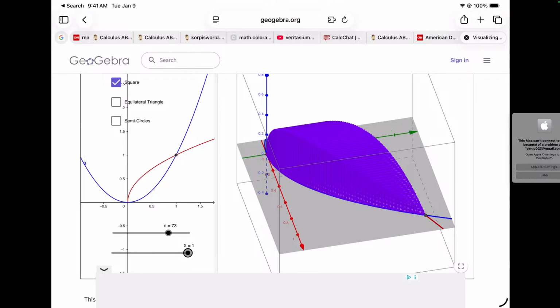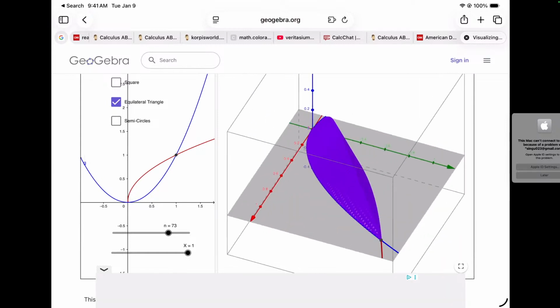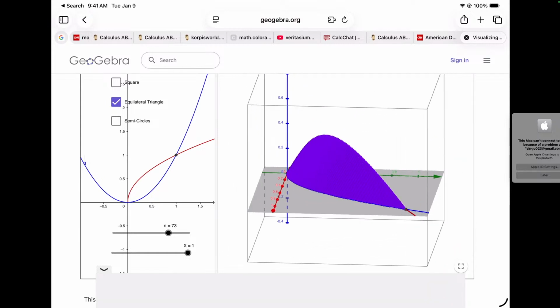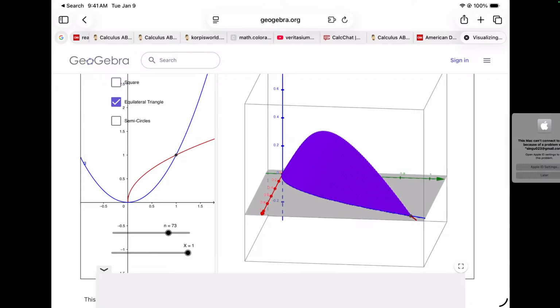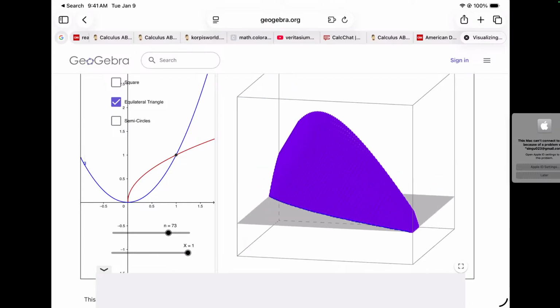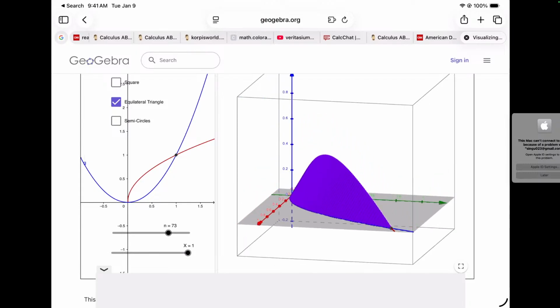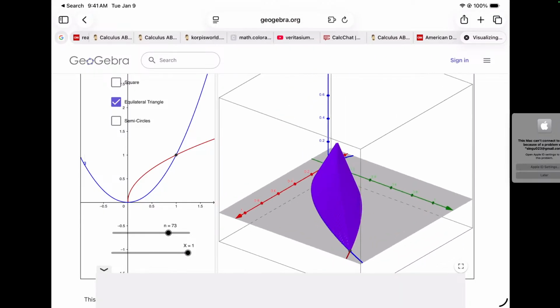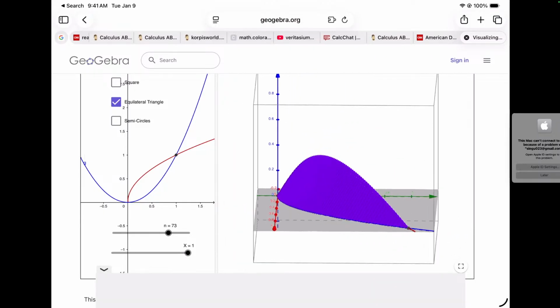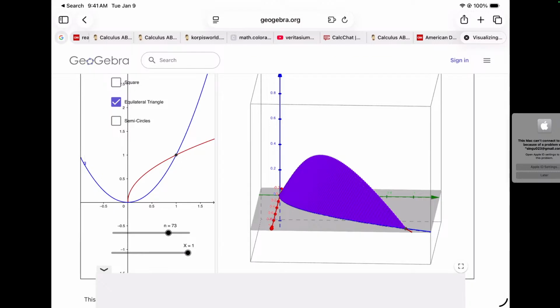It's pretty fancy. Okay, so now you're going to say, what's the difference between the square and the equilateral triangle? Look at the shapes, right? Does that look different? It's smaller, yeah. So square root 3 over 4 is smaller. And you look here, it kind of looks like a mountain range, some type of mountain formation.